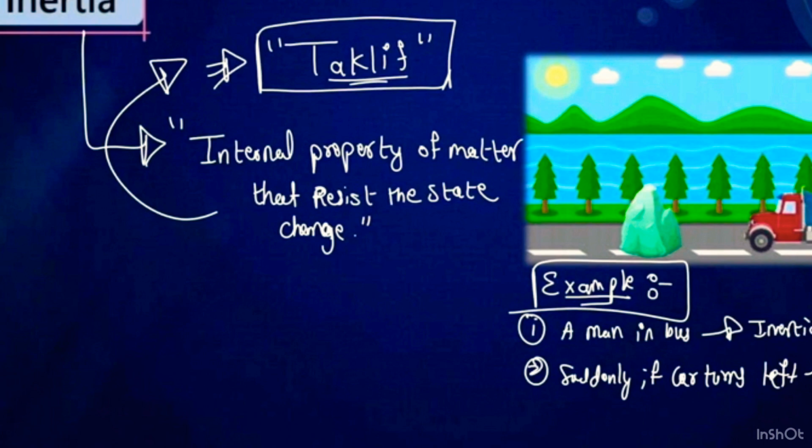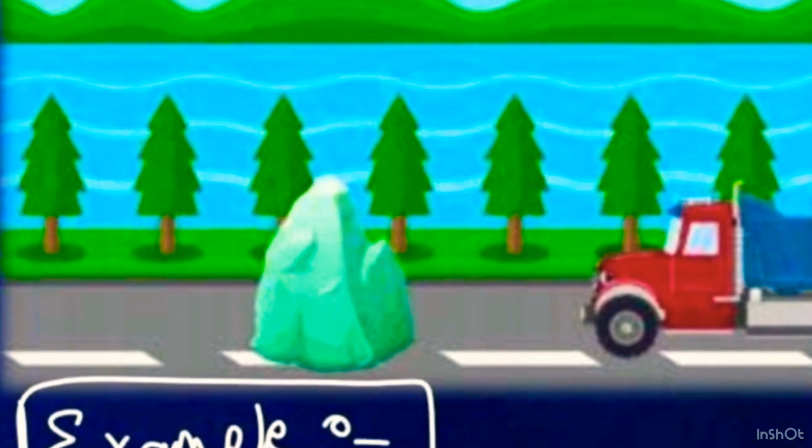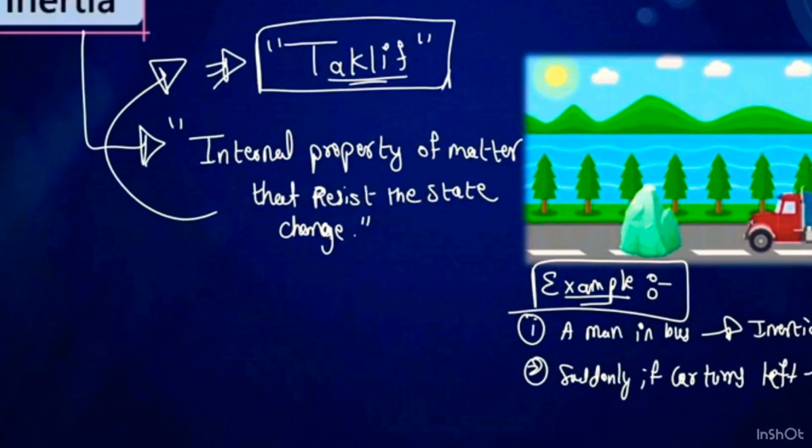It is an internal property of matter that resists change of state. For example, if you see a truck going to hit something, of course the man in the truck will put the brake. The resistance we feel is called inertia. Let me make it very clear: it is the property of an object to resist the change in its state of rest.